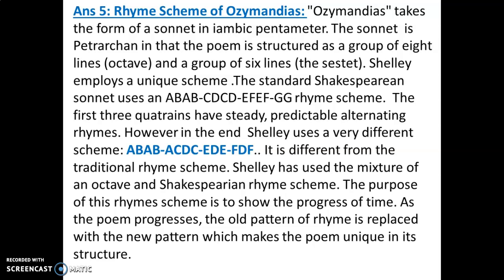However, Shelley uses a very different scheme: A, B, A, B, A, C, D, C, E, D, E, F, E, F. It is different from the traditional rhyme scheme. Shelley used a mixture of an octave and a Shakespearean rhyme scheme. The purpose of this rhyme scheme is to show the progress of time. As the poem progresses, the old pattern of rhyme is replaced with a new pattern, which makes the poem unique in its structure.